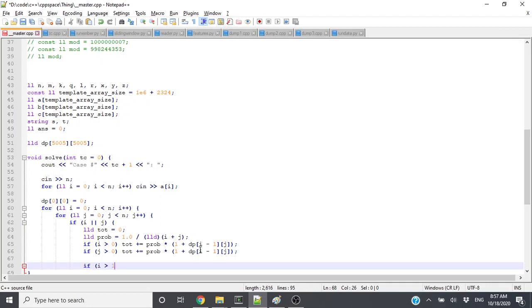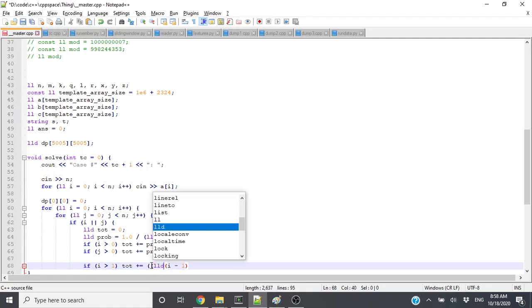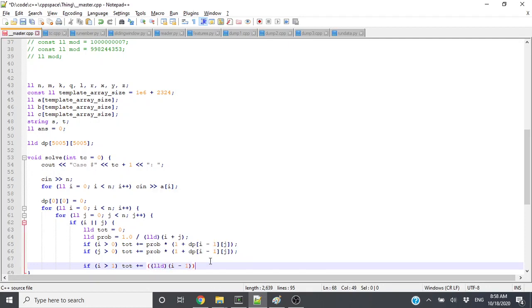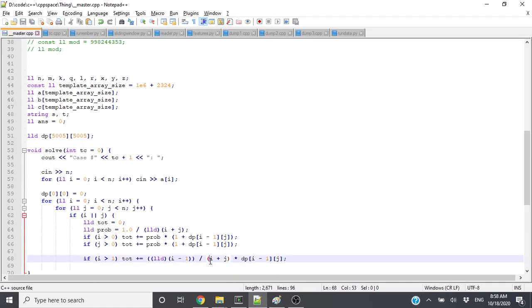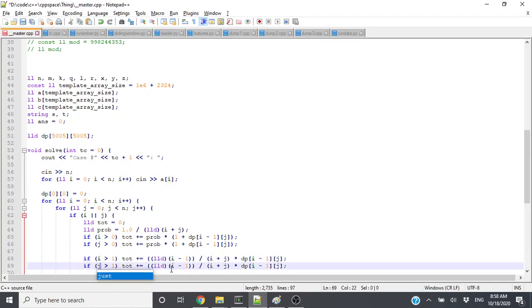If i is greater than 1, let's see. So it's i minus 1 divided by i plus j times DP i minus 1, j. It's the same thing. If j is greater than 1, then it's j minus 1 divided by that, and then DP i, j minus 1.